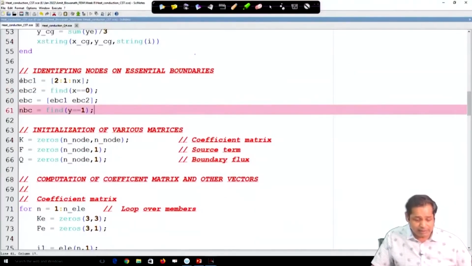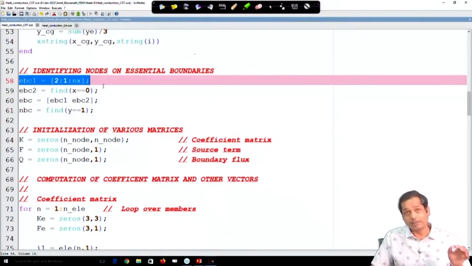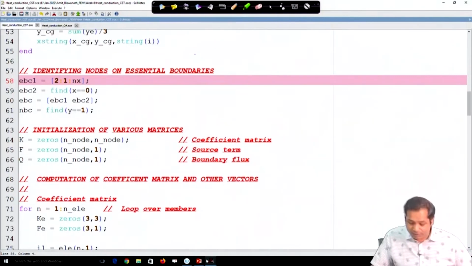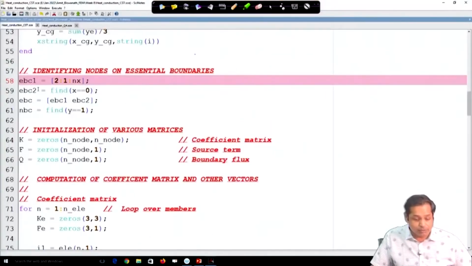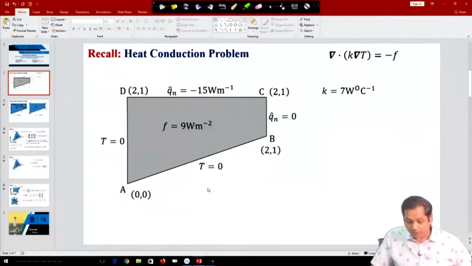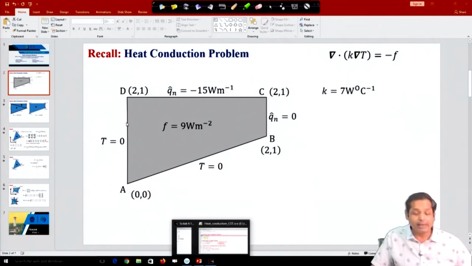So this is how the boundaries are defined. EBC1 is the boundary where the essential boundary condition is specified; EBC is essential boundary condition, and 1 is side 1. So this EBC1 will identify all the nodes on this boundary, and EBC2 will identify all the nodes on the AD boundary.